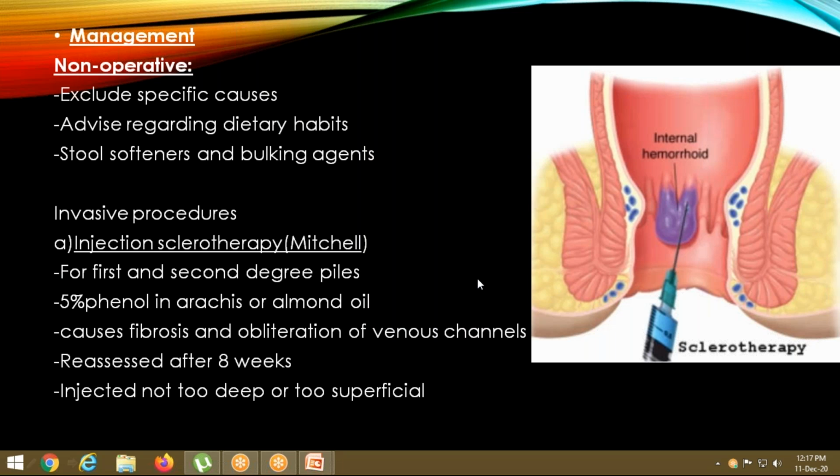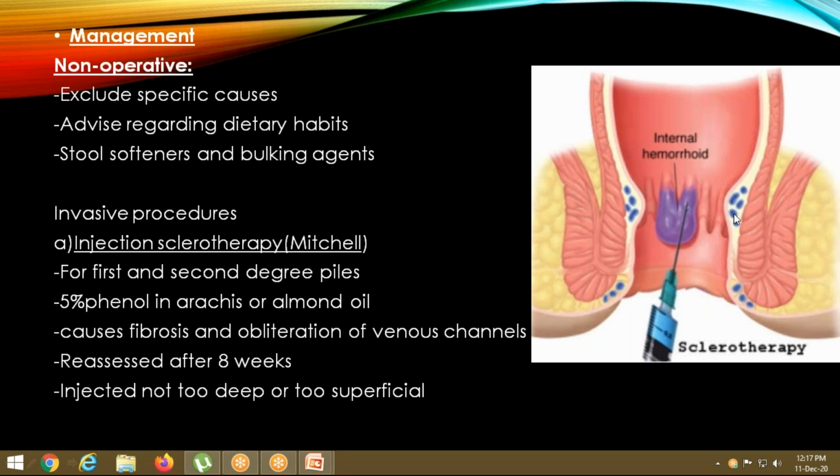Or if you give it too deep, below it is the internal anal sphincter. You can see the internal anal sphincter here, so you have to give it somewhere here. If you give it in the internal anal sphincter, there will be a chance of pelvic sepsis. In males, it may spread and cause prostatitis.